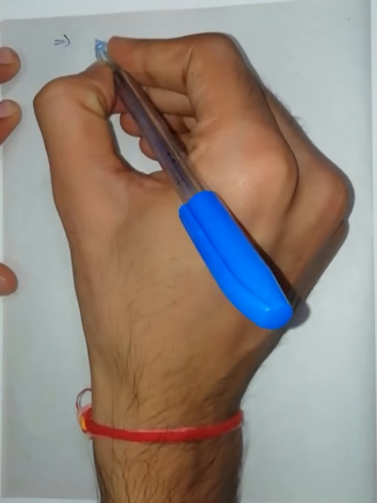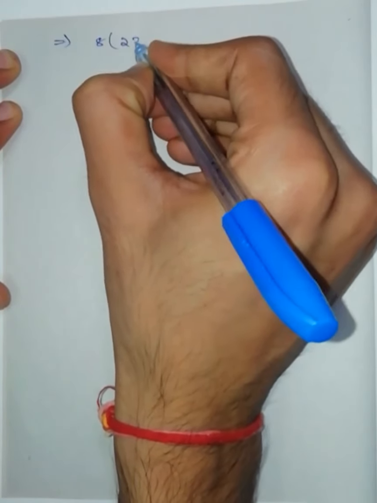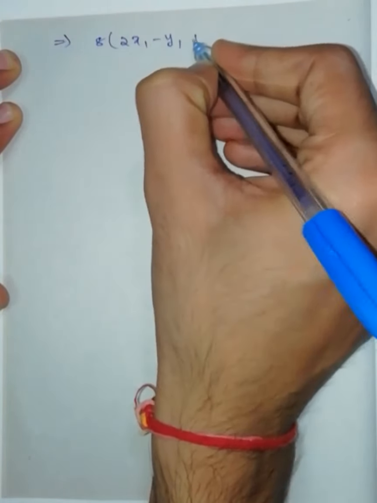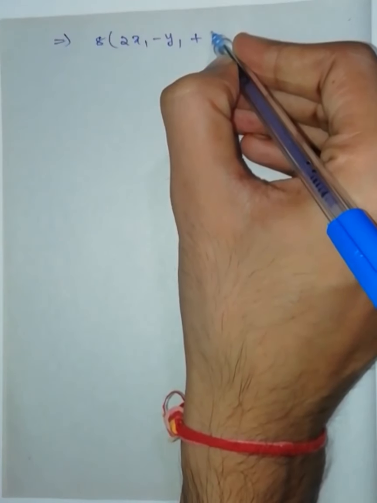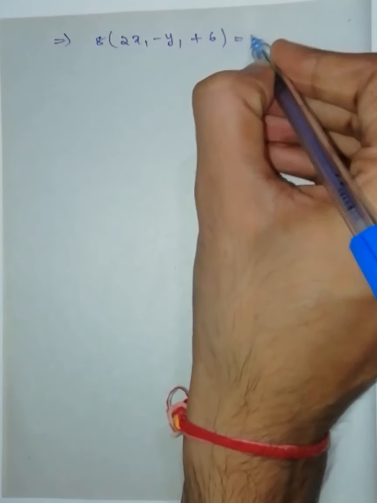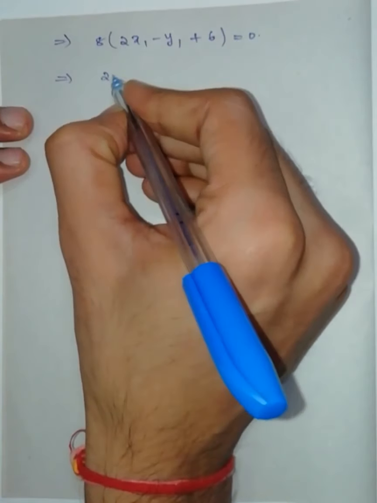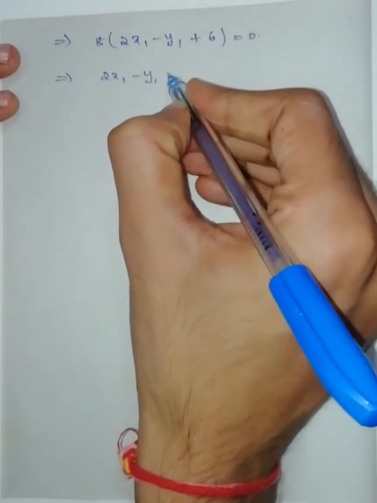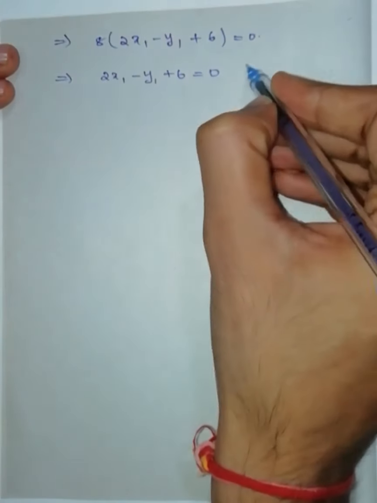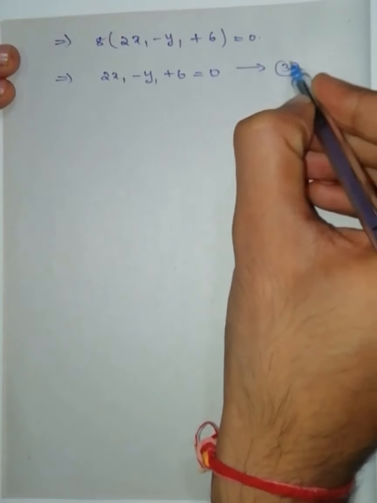If I take 8 common, I will get 8 into 2x1 minus y1 plus 6 is equal to 0. Now send this 8 to that side. We will get 2x1 minus y1 plus 6 is equal to 0. Let us take this as equation number 3.